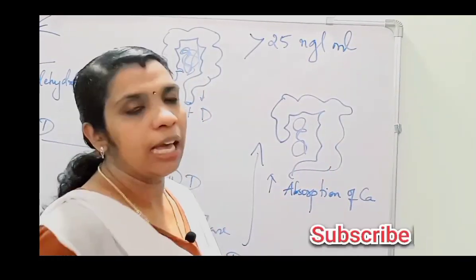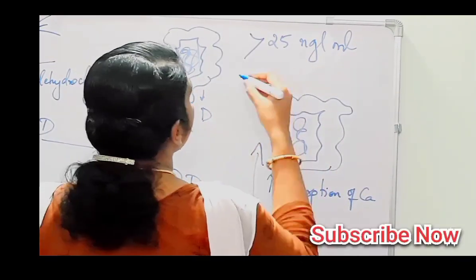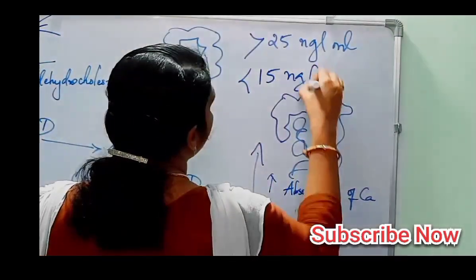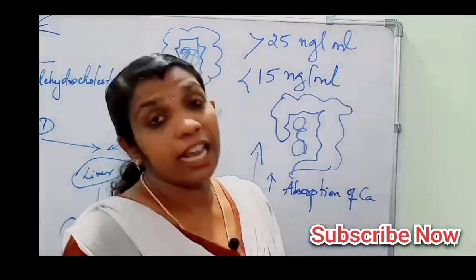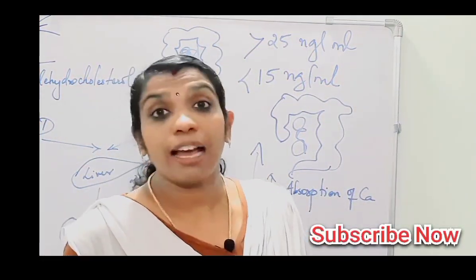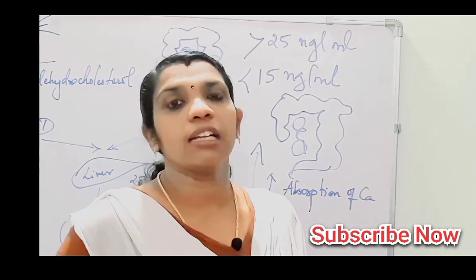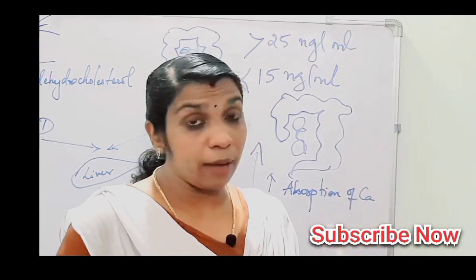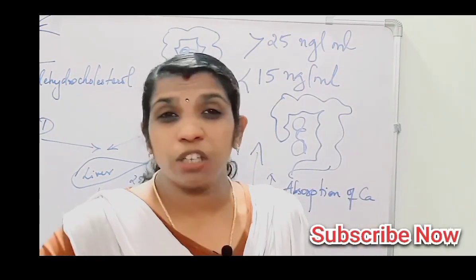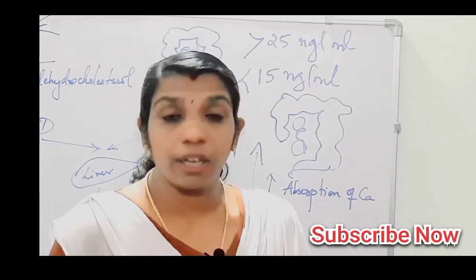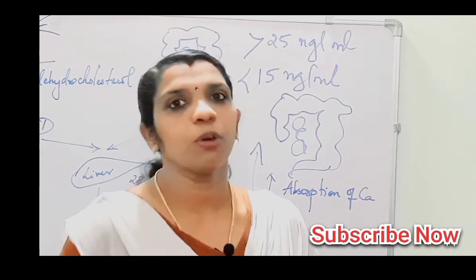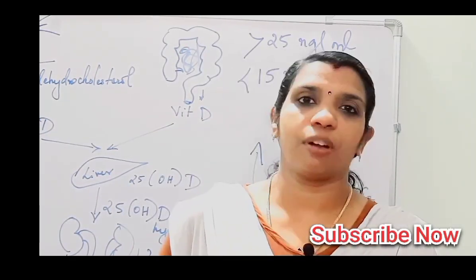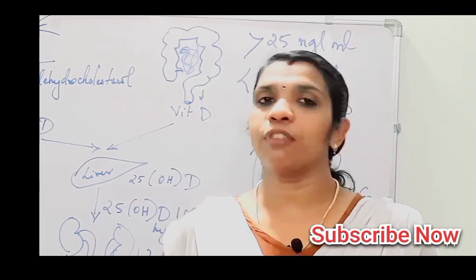If vitamin D is reduced, less than 15 nanogram per ml, it will be associated with hyperparathyroidism, because with less vitamin D there is less absorption of calcium. So there will be increased function of parathyroid hormone, and there will be increased resorption of calcium from the bone.